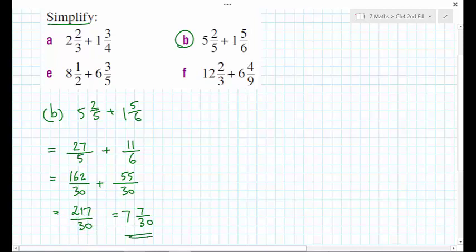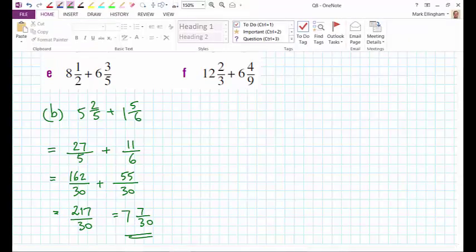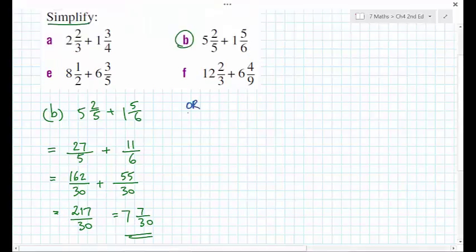Let's look at an alternate method that can work a bit better when we deal with large numbers. So we have 5 and 2/5 plus 1 and 5/6. The other way is to think of this as 5 plus 1, where we have our whole numbers, plus 2 on 5 plus 5 on 6.